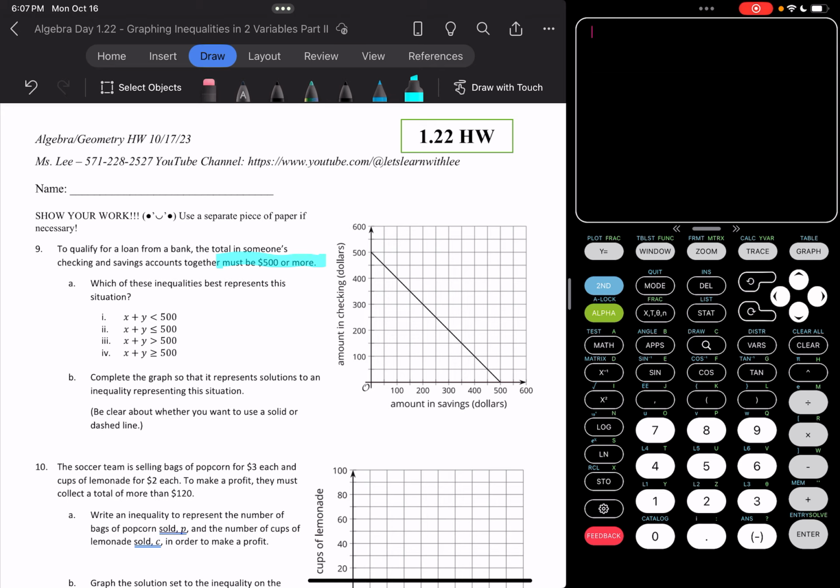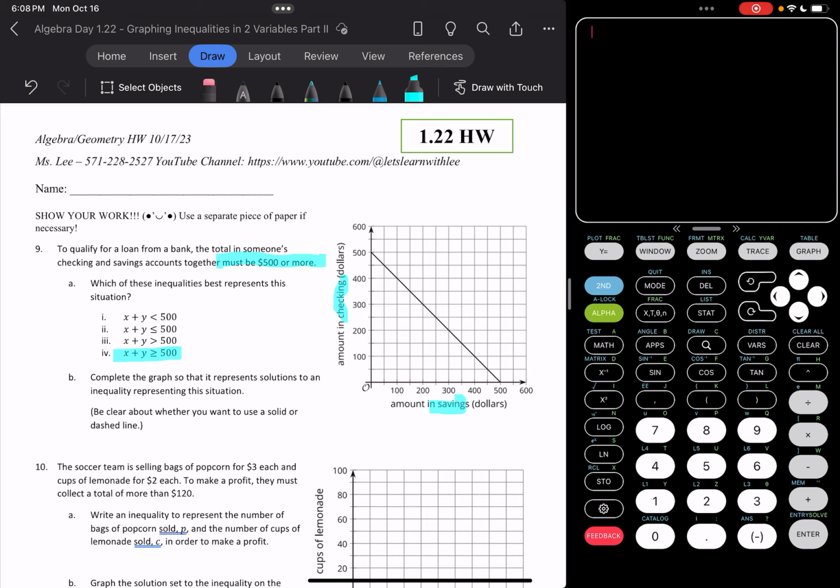And so if it has to be 500 or more, then it needs to be greater than or equal to. It could be 500, but it could also be more. And so that best is represented by this one where x plus y, so x the savings, rather, because we have x here, and y the checking, is greater than or equal to 500 total.